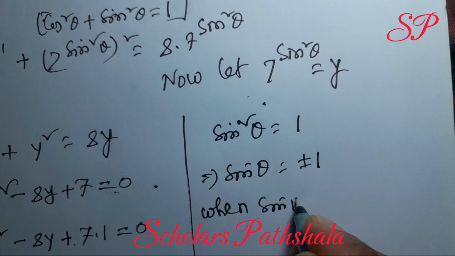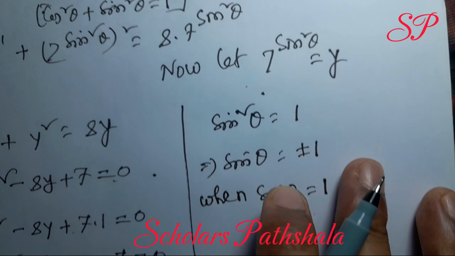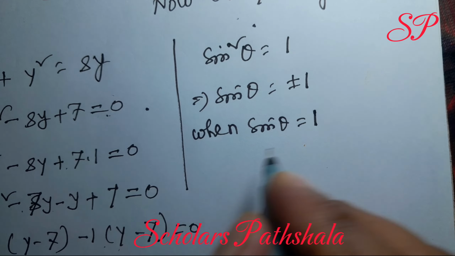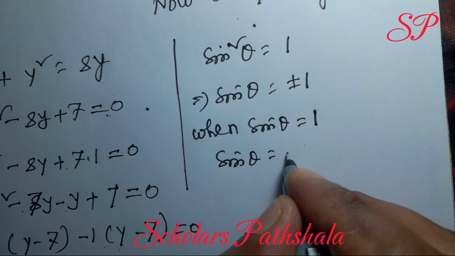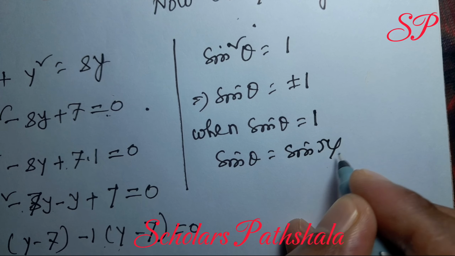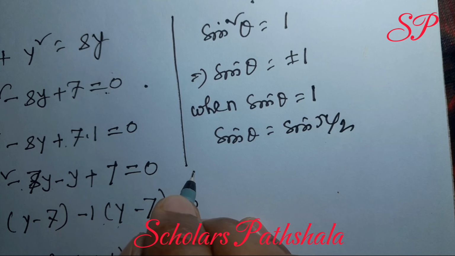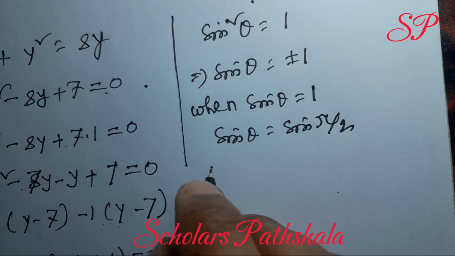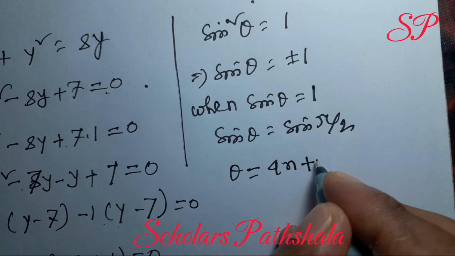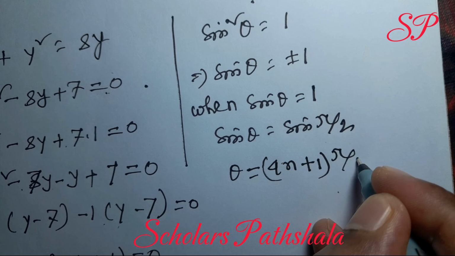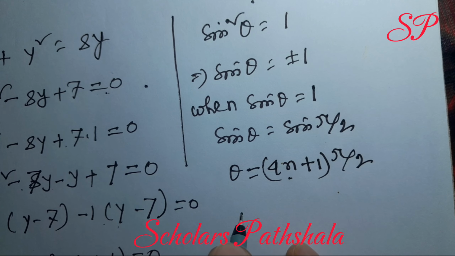When sin theta is equal to 1, we can write sin theta is equal to sin pi by 2. Then the value of theta is equal to 4n plus 1 into pi by 2, where n is an integer.